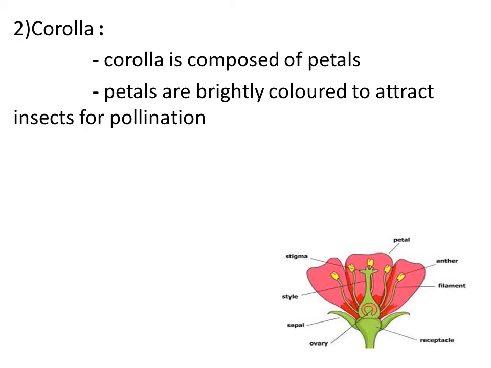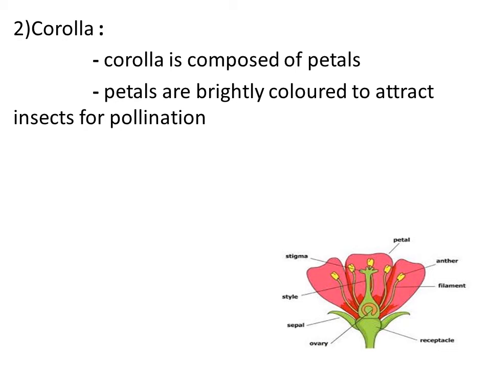Without pollination, the pollen grain does not transfer onto the surface of the stigma. So in order to transfer the pollen grains to the stigma, pollination is very important. To attract insects for pollination, the petals are brightly colored. In some cases the corolla is fragrant, so they release some kind of aroma so that insects are attracted to the flowers and sit on the flower, and meanwhile they help in the process of pollination.